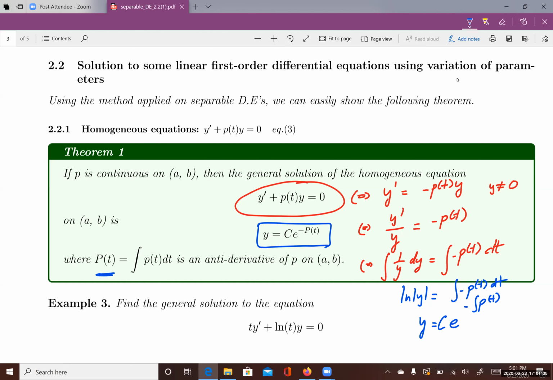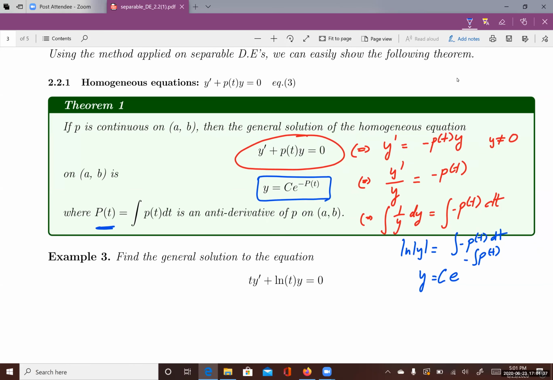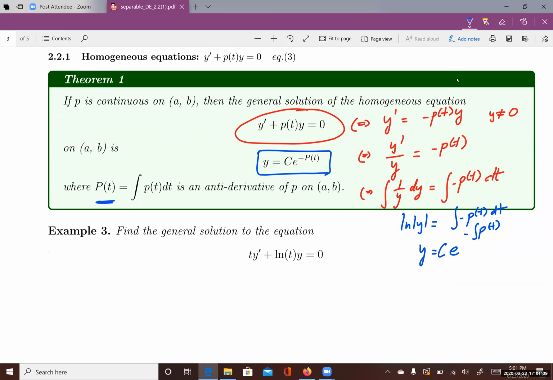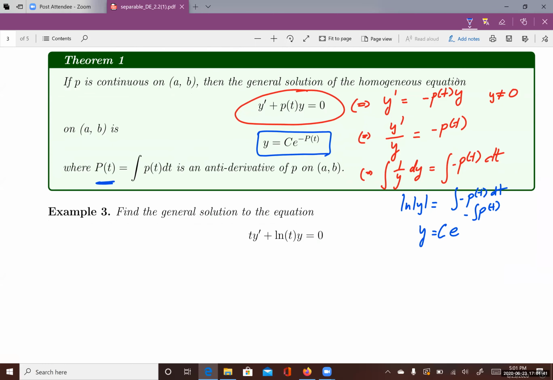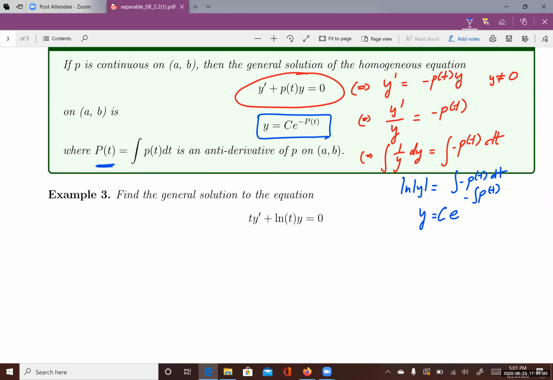All right, so we know how to do that using separable equation. Let's actually try to find the general solution to this differential equation here.